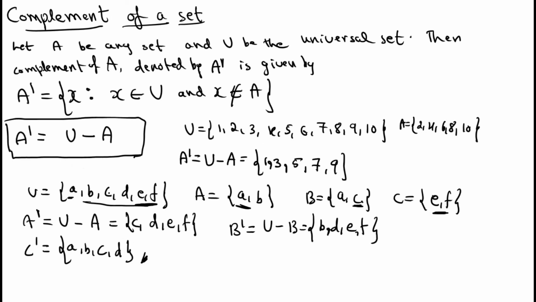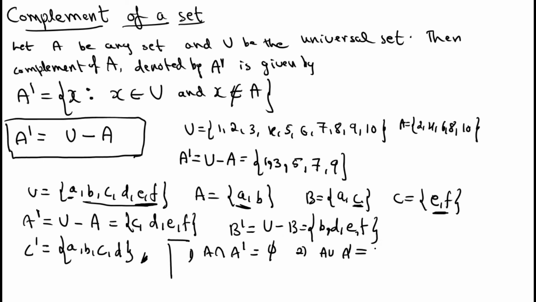Now some formulas related to complement. First one: A intersection A complement is equal to the empty set. Remember the formulas: A intersection A dash equals the empty set. The second one is A union A complement.